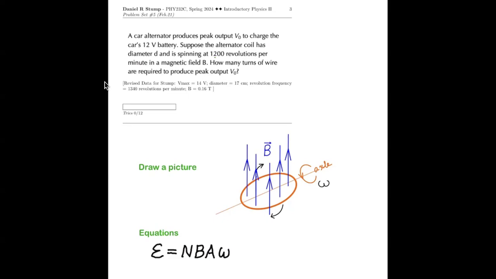I guess V0 is given here. 14 volts. So as with all problems, we start by drawing a picture. Here's a picture of a coil of wire which is rotating around some axis, not really an axle, I really should say some axis of rotation.